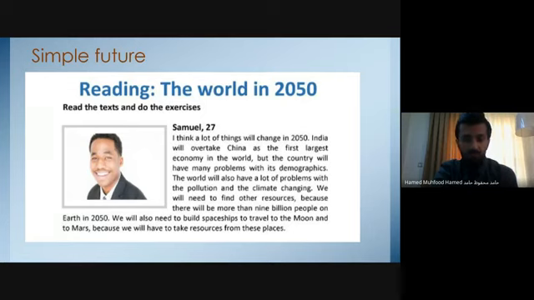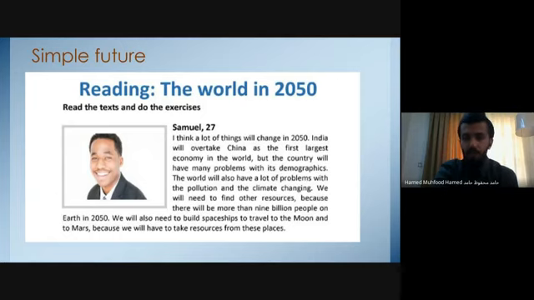Okay, so this text speaks about the future, right? So here Samuel is predicting how the world will be in the year 2050, right? He thinks, and if you read the text, you will find many sentences referring to the future. Like when he says, a lot of things will change in 2050.